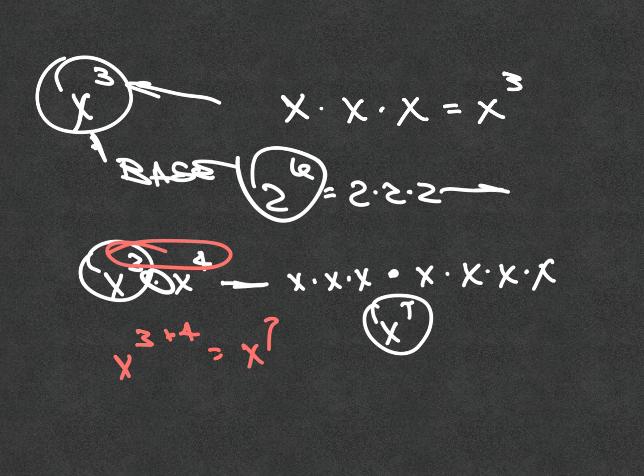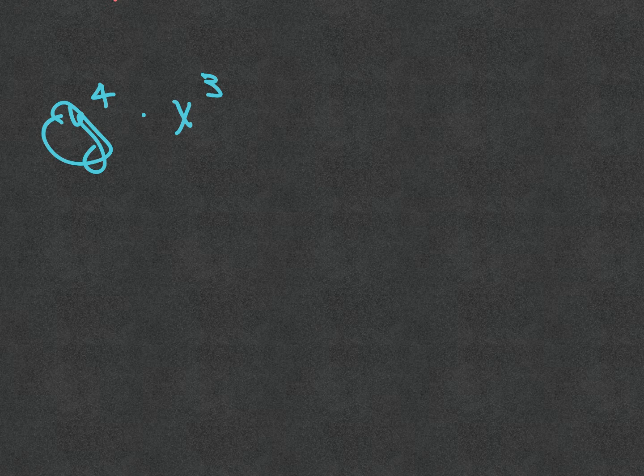So that's what you do when your base numbers or letters are the same: you add the exponents together. So for example, if I had y to the 4th times x to the 3rd, I cannot combine these because, like I said just a minute ago, my base numbers or letters are not the same.